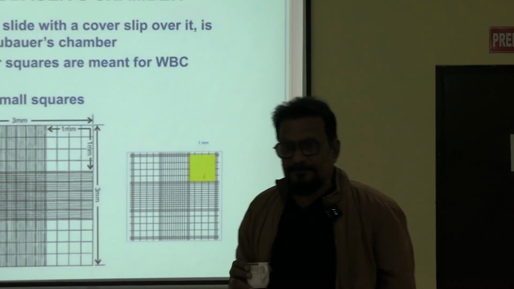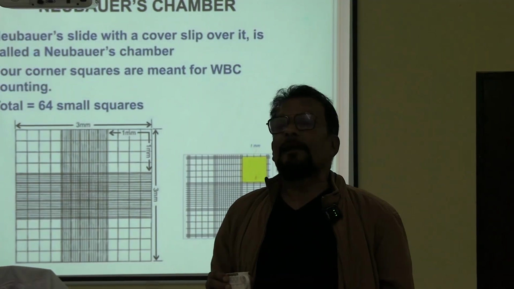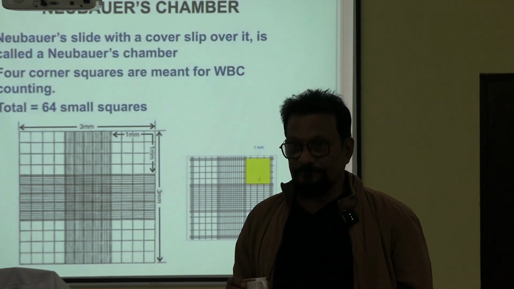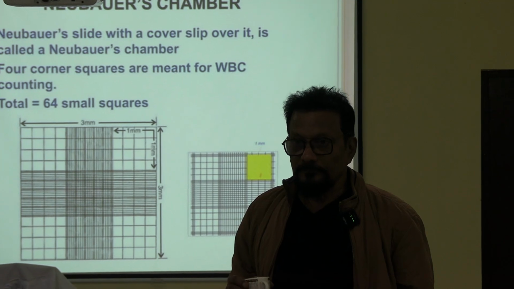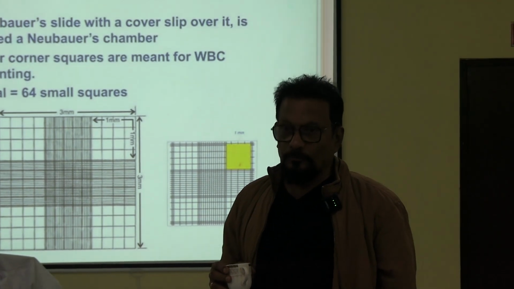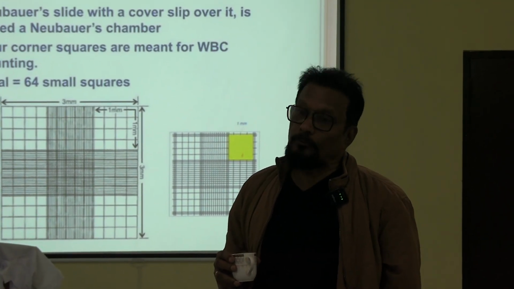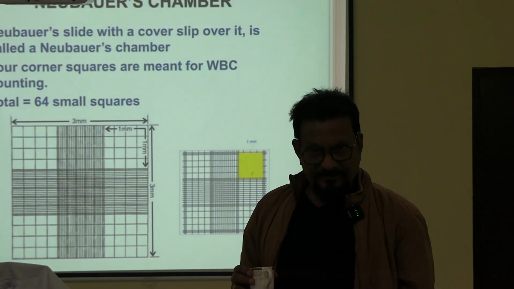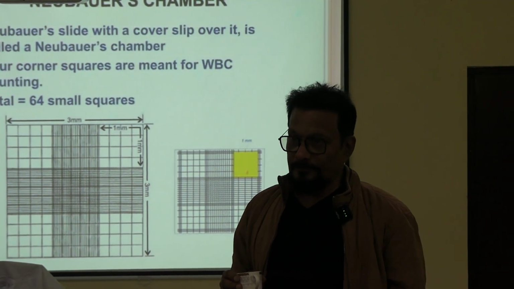Suppose this volume contains 5 WBC. What would be the value per cubic millimeter? Convert this value into per cubic millimeter.